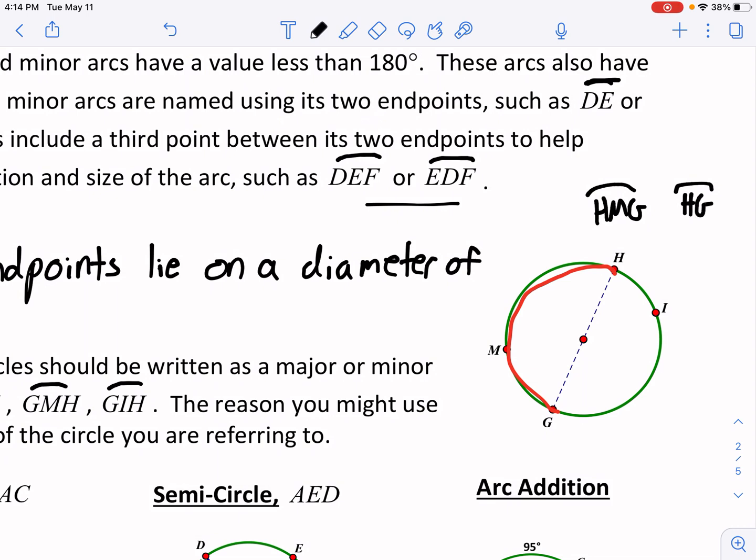It doesn't matter if you name it like a major arc or a minor arc. Semicircles are unique in that way. You can use 2 points or you can use 3 points. However, if you're trying to describe a certain side of the semicircle, it would be better to use the 3 points, so we know which middle point is included to give a sense of direction.